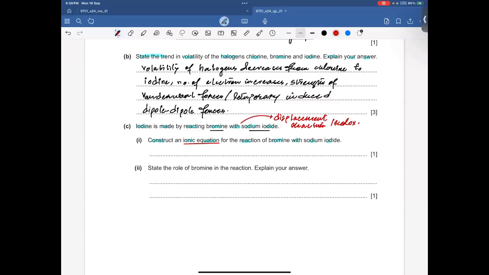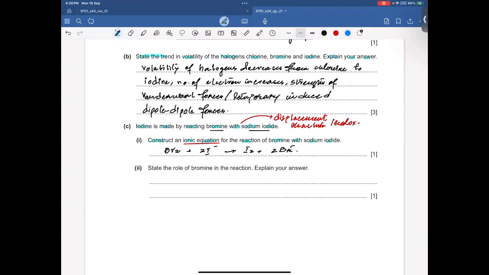So bromine will remain as it is, reacting with iodide ions, converting into iodine and two bromide ions. Okay, examiner doesn't need state symbols, so we don't need to mention them.